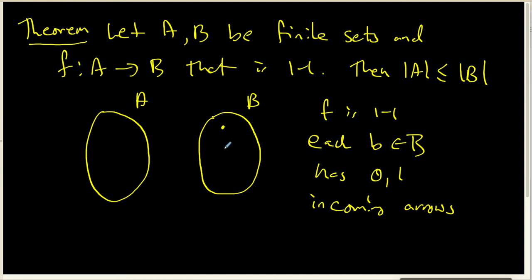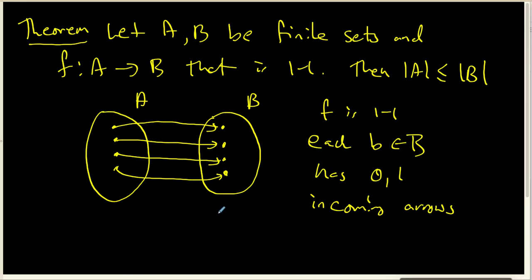So if I'm thinking about the elements in B and the elements in A, one element in A goes to a separate element in B each time, but I could also have a bunch of additional elements in B. When you look at that picture, you realize that the number of things in A is less than or equal to the number of things in B.